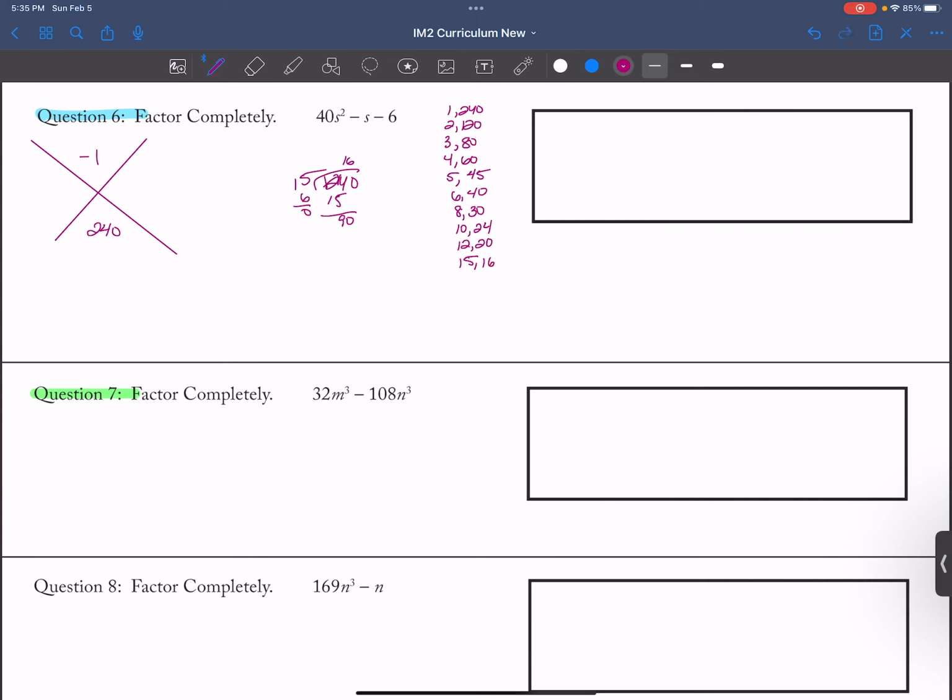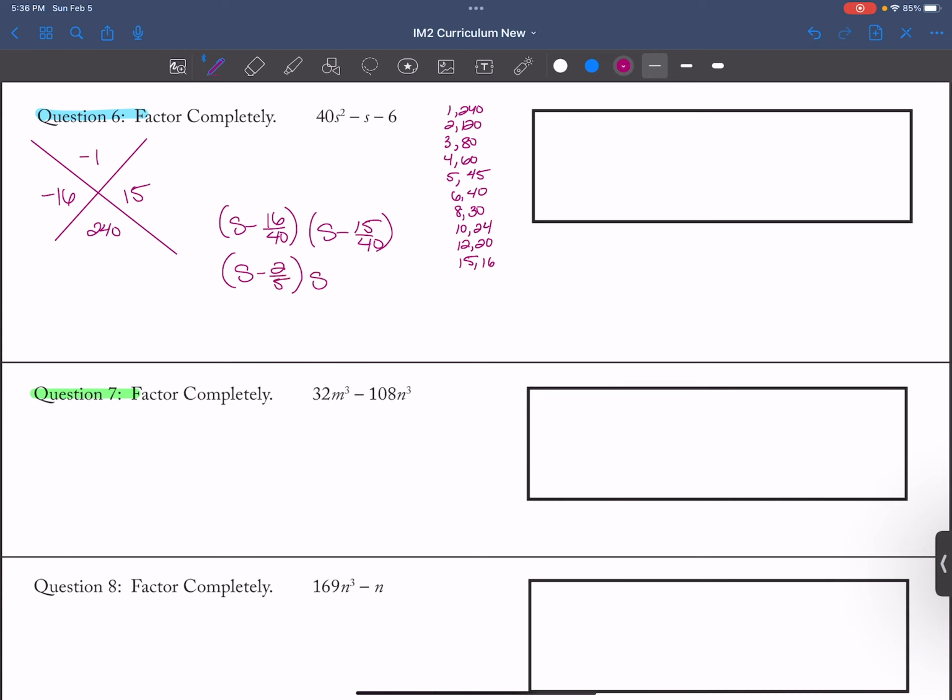Okay. So -16 and a +15. So then I have S minus 16 over 40 and S minus 15 over 40. So then S is minus, everybody's divisible by 8, so 2 over 5.